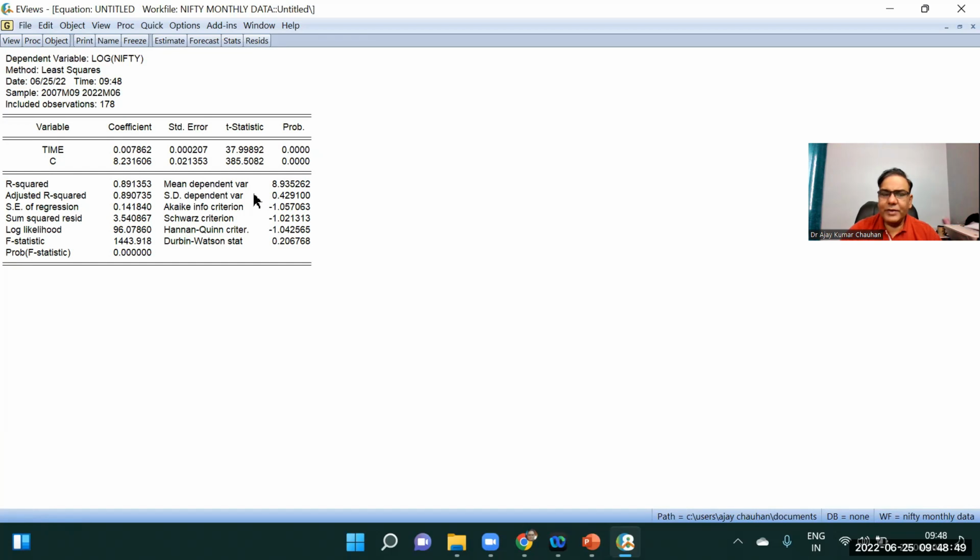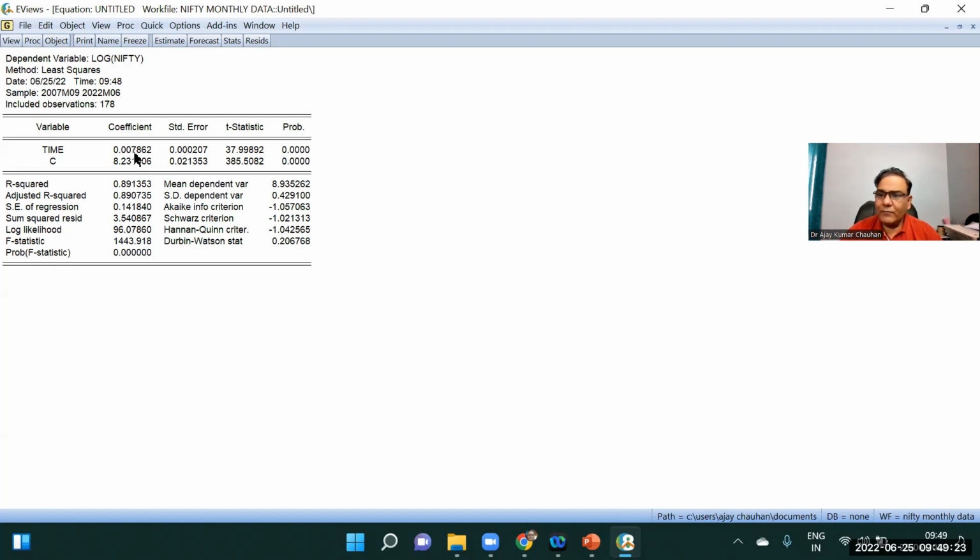After this, we can see the growth rate is 0.007, about 0.8%. So Nifty has a monthly growth rate of 0.78%, which is approximately 0.8% if you round off. Because it is a monthly growth rate, if you multiply it by 12, you will get the annual growth rate.